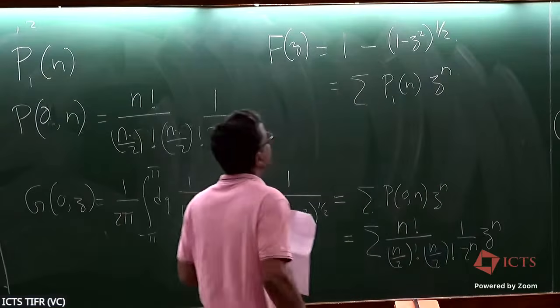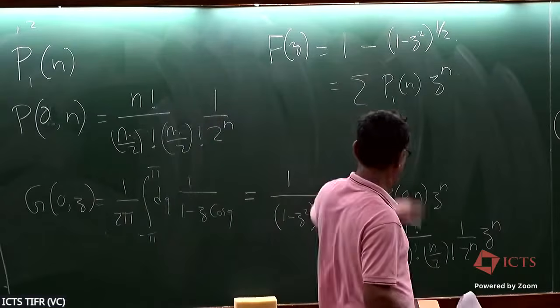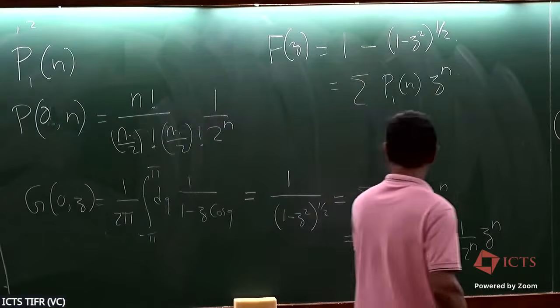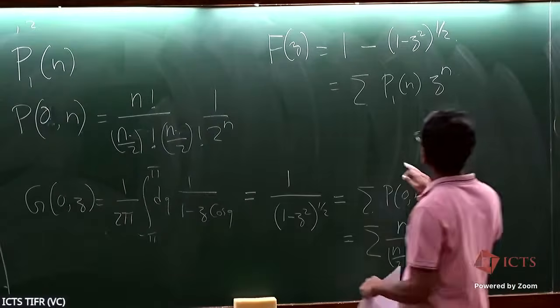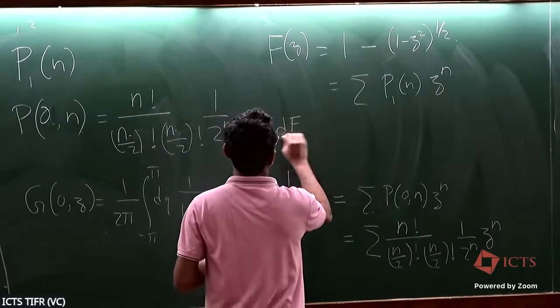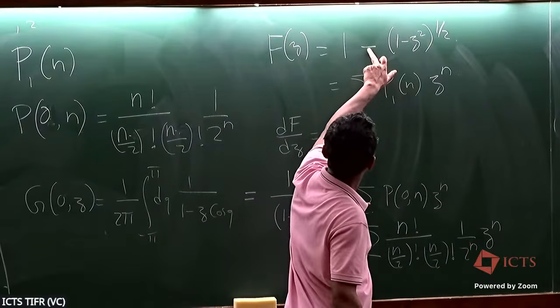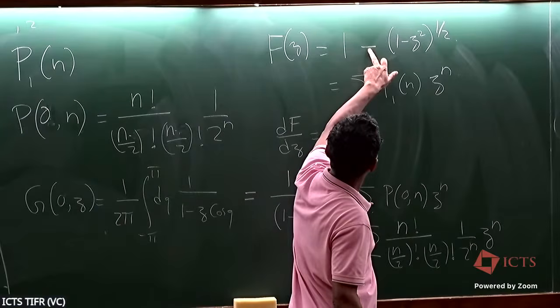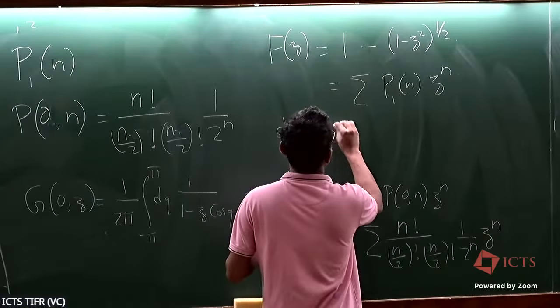One quick way to figure out this expansion is the following. If I take df/dz, then you get a z, then the half cancels, and so it's basically z.